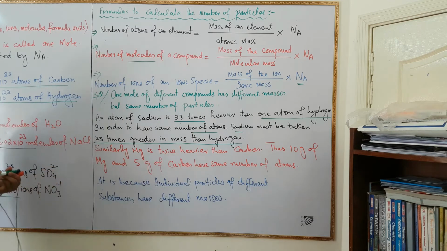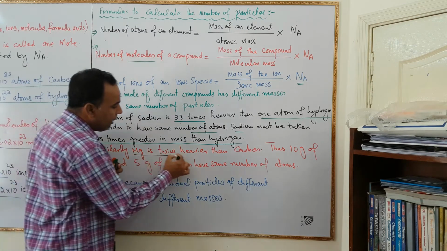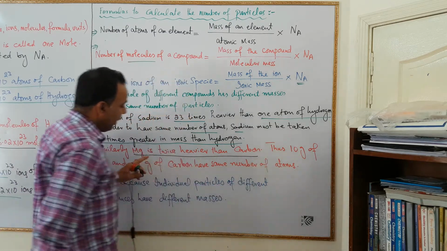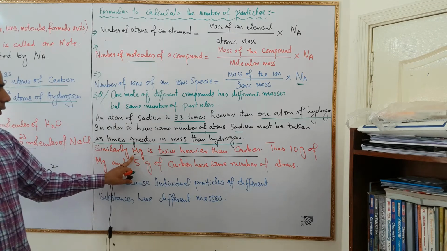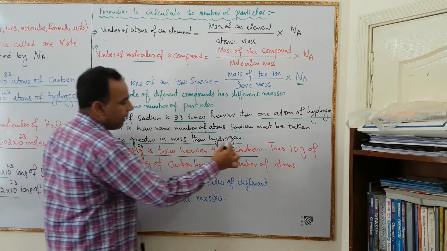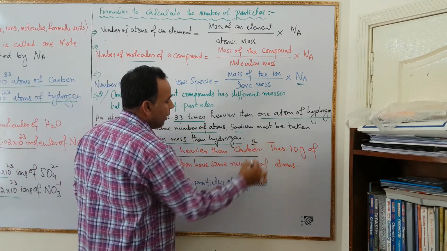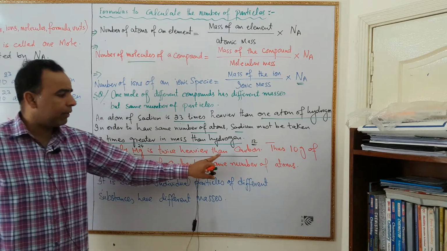Similarly, my dear students, magnesium is twice heavier as compared to carbon. Magnesium has atomic mass 24, while carbon has atomic mass 12. So magnesium is twice heavier as compared to carbon.